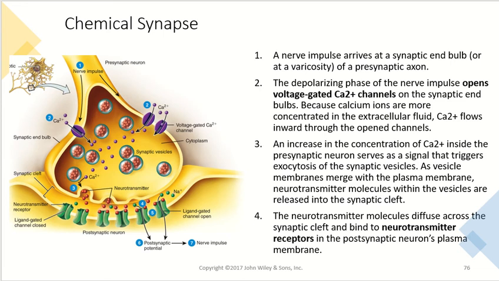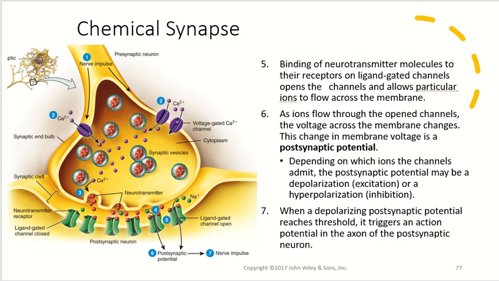Then the neurotransmitter molecules are going to diffuse across the synaptic cleft, and they're going to bind to the neurotransmitter receptors on the postsynaptic neuron's plasma membrane. All right, once the binding of those neurotransmitter molecules has occurred, this is going to trigger ligand-gated channels to open, and the channel is going to allow a very particular type of ion to flow across the membrane.